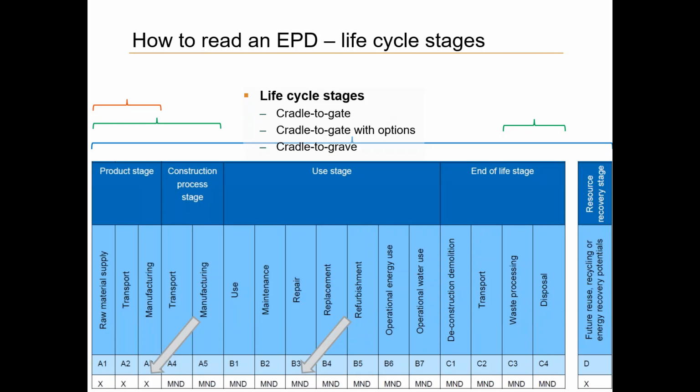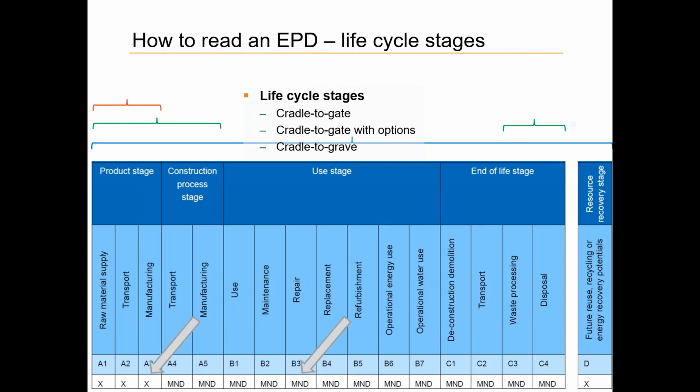Once the product is manufactured, it goes into the construction process stage, which means it's transported to a building site. It goes into the application over there, which is the assembly of the product into its final application. And then it can enter the use stage, where over a number of years, maybe 50 years, maybe longer, shorter, the product is being used.